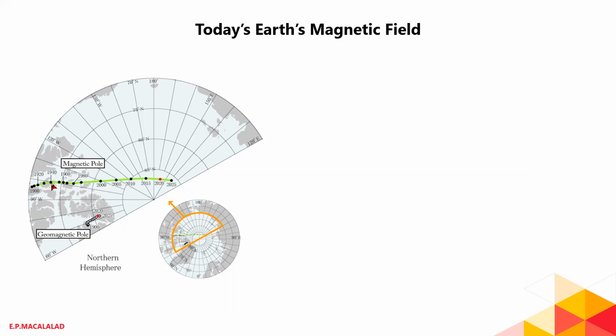Before, the magnetic north pole was around the continent of Canada, North America, and then it drifts slowly year by year towards the other side of the Earth. So right now it is being modeled to be somewhere here, very close.